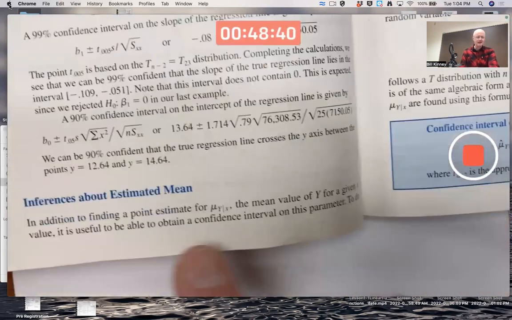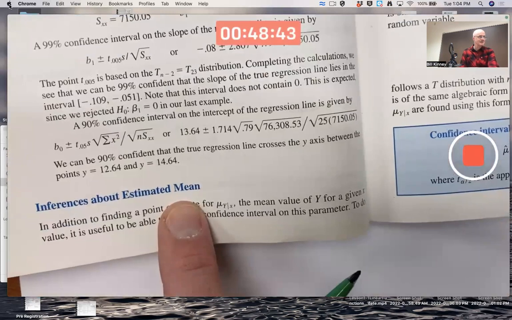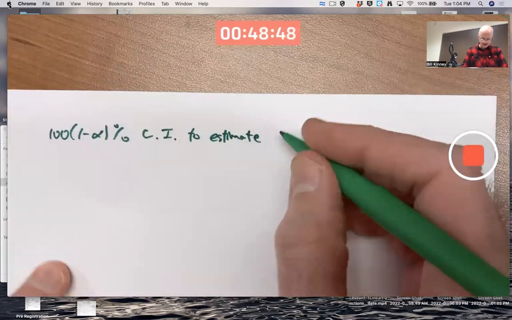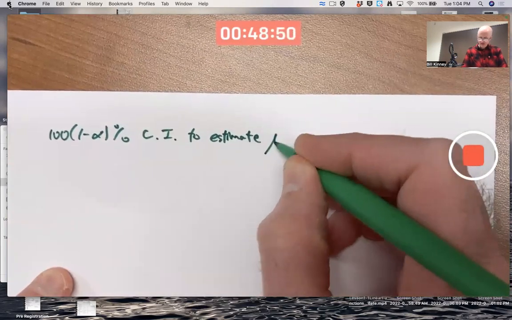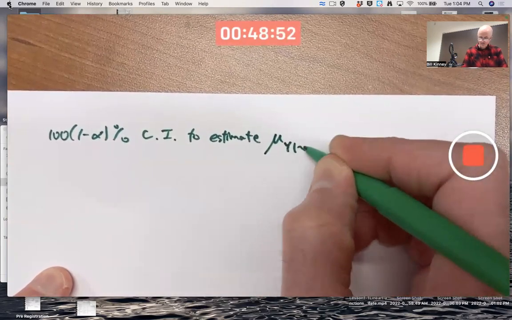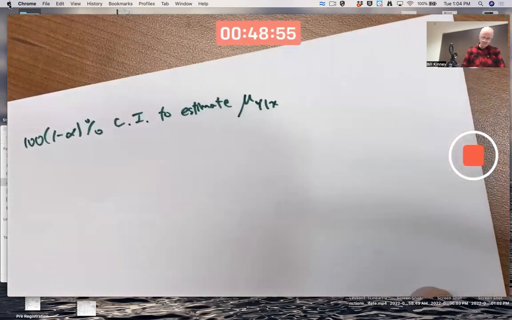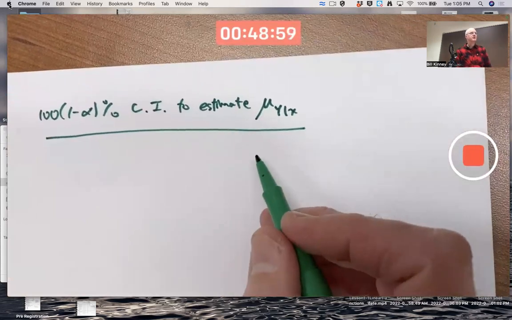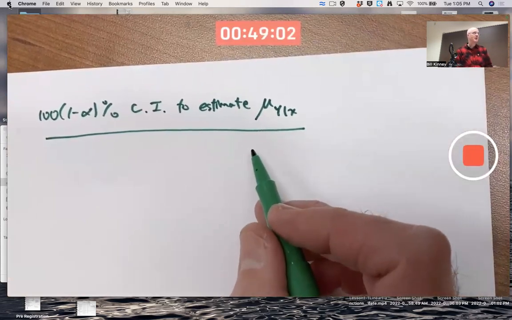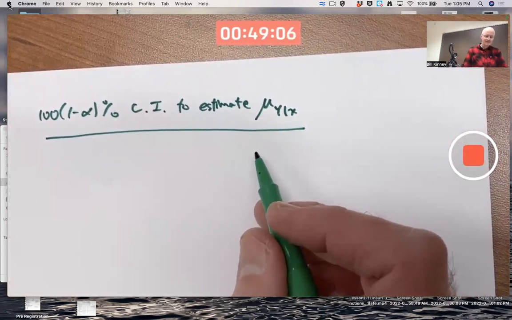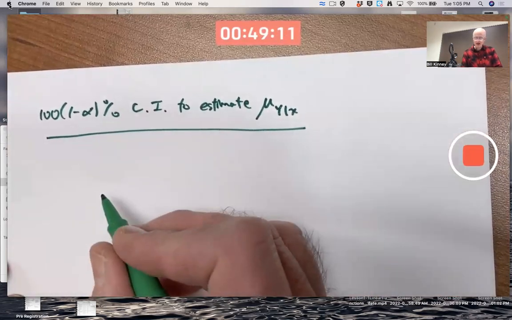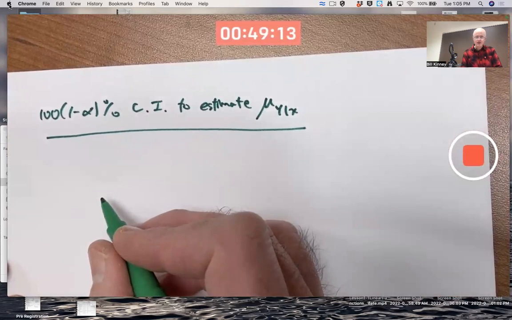Inferences about estimated mean. Estimate for the curve of regression, essentially. Population curve regression, we want to estimate with a sample curve regression, you might say. That comes from the actual sample regression line itself.